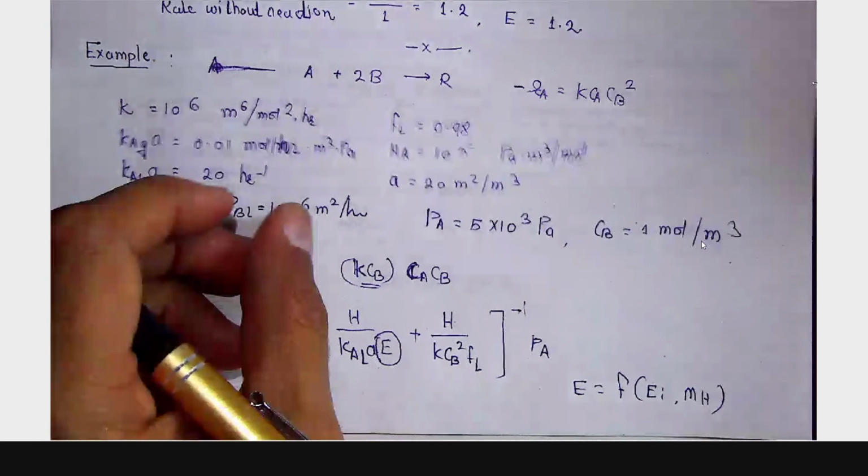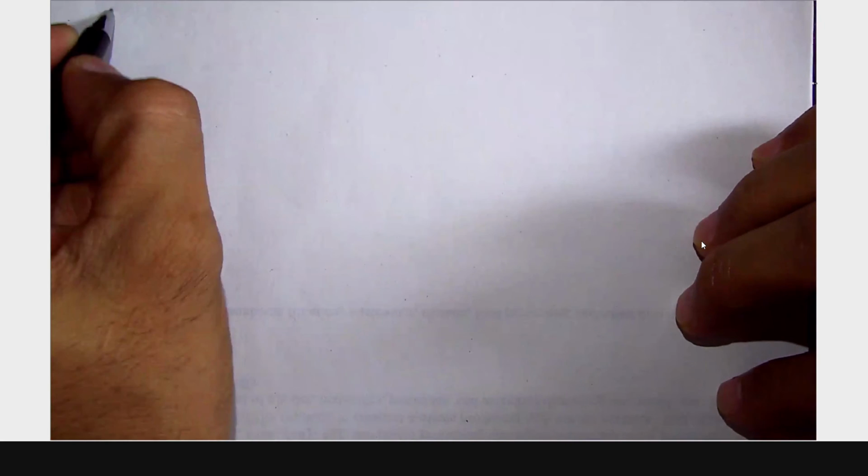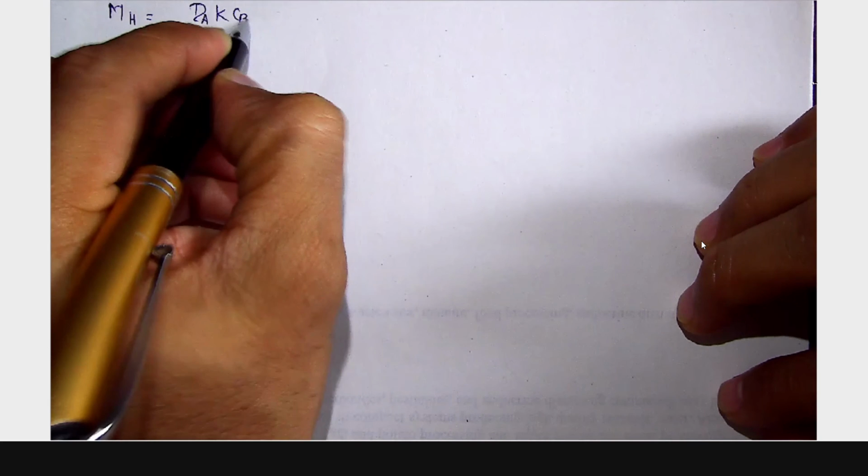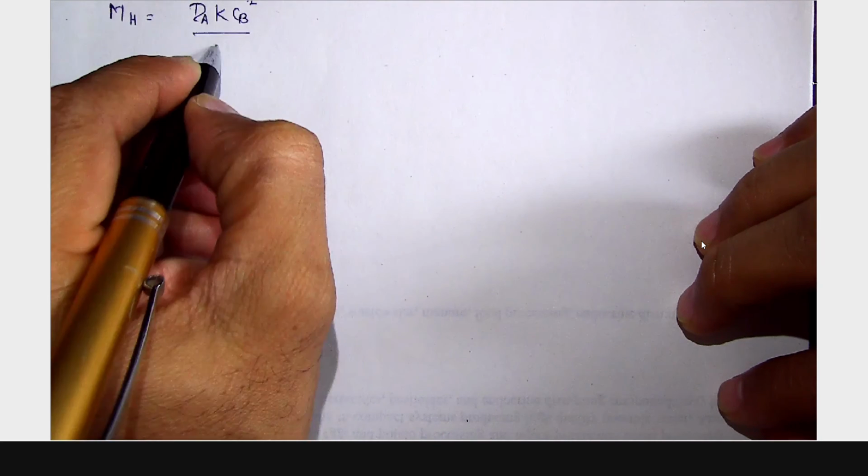So what will be the MH value from the given data? It will be the square root of DA K CB square, divided by KAL.